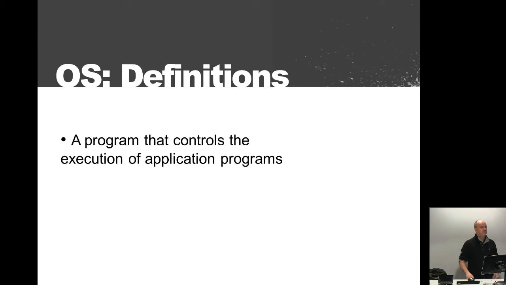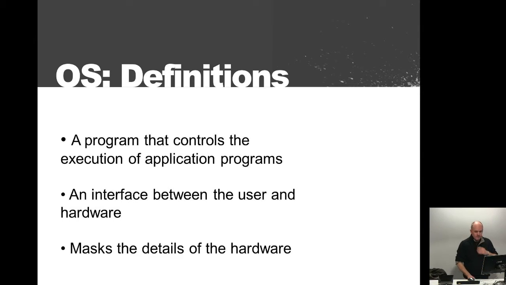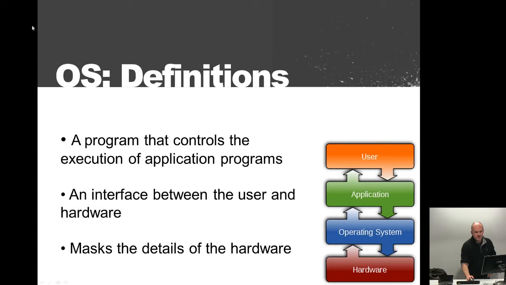So the operating system is, if you want, organizing the execution of all your programs on your machine. And it allows the user not to worry about the hardware. Your application doesn't communicate directly with the hardware, it communicates with a layer, which is your operating system.